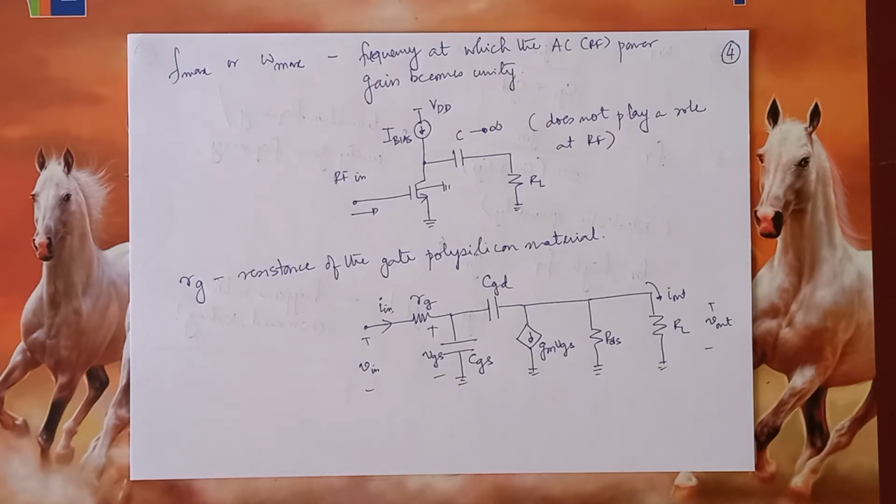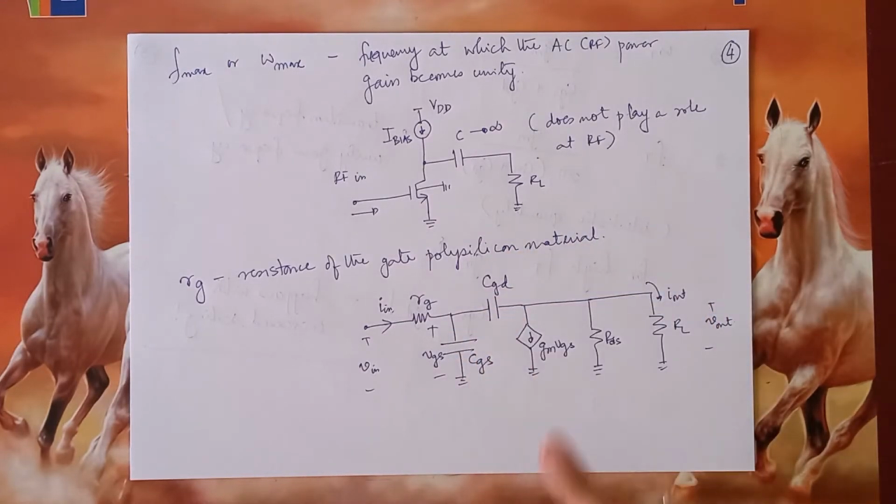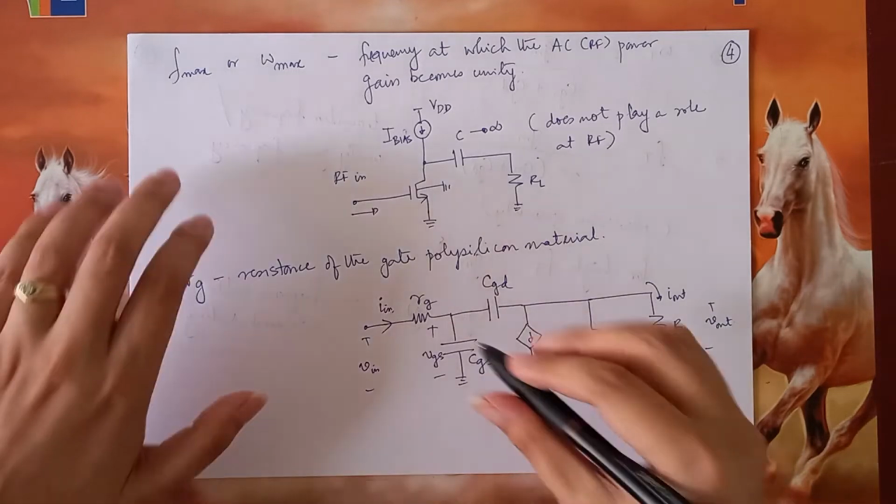So the analysis is doable, although it is pretty lengthy, and the reason for that is the CGD. So this one is what makes the analysis a little difficult, but I'll give you a hint in the way you can start this analysis.